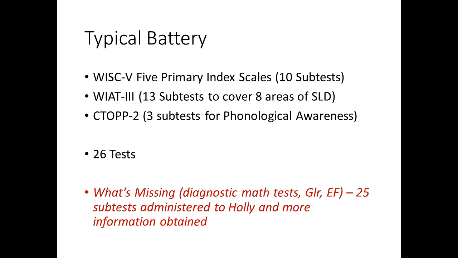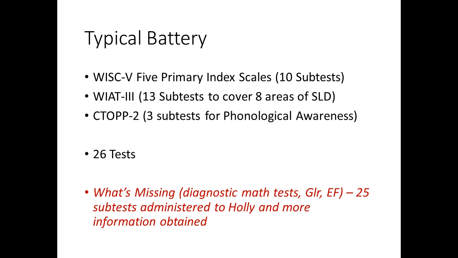The WJ IV is usually administered to cover all of the 8 areas of SLD, and sometimes the CTOPP is used to get more specific information about phonological processing, phonemic awareness, and so forth. So that's about 26 subtests, which is not atypical, rather very typical, for a comprehensive evaluation for specific learning disability.